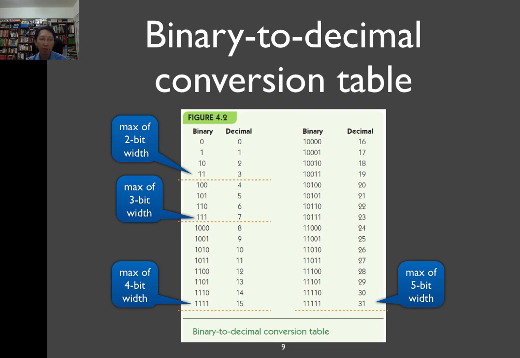The maximum of 3-bit width binary number 1, 1, 1 is equivalent to 7 in decimal. Maximum of 4-bit width 1, 1, 1, 1 is equivalent to 15 in decimal. The maximum of 5-bit width 1, 1, 1, 1, 1 is equivalent to 31 in decimal.